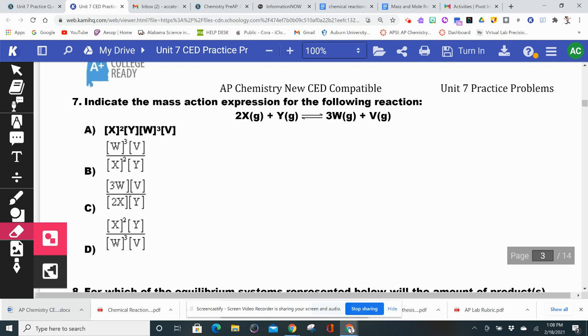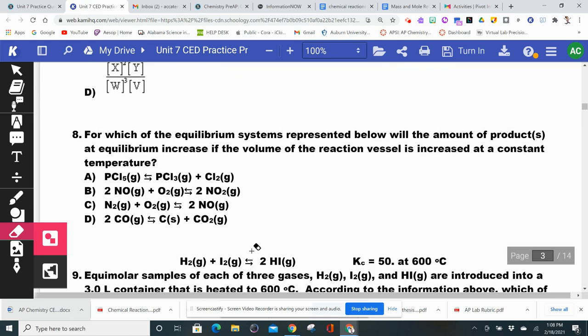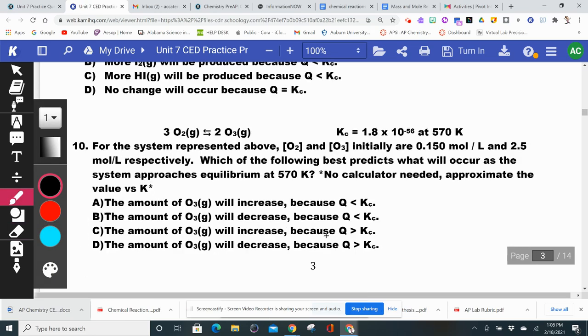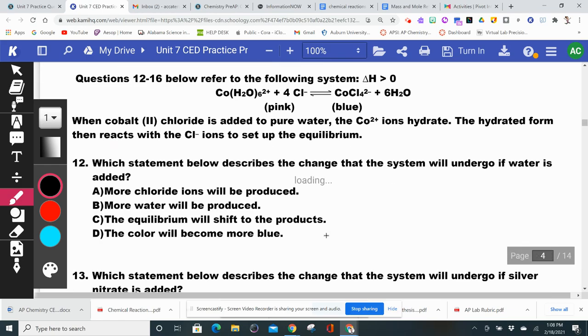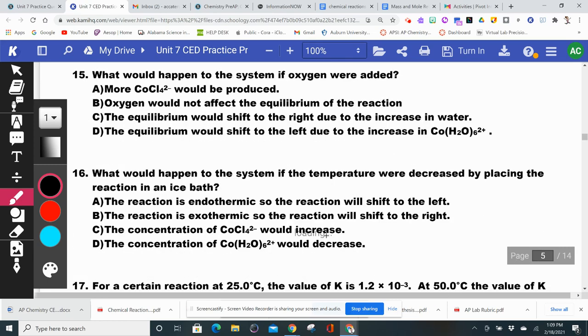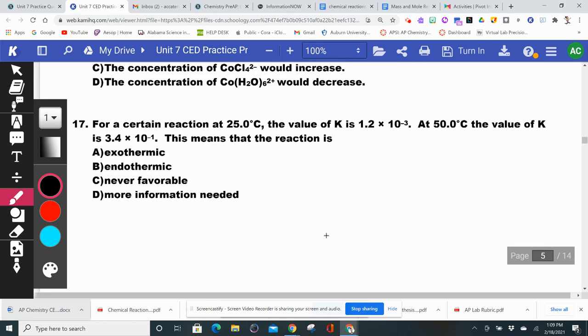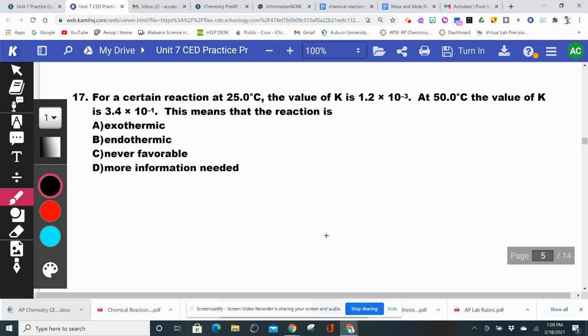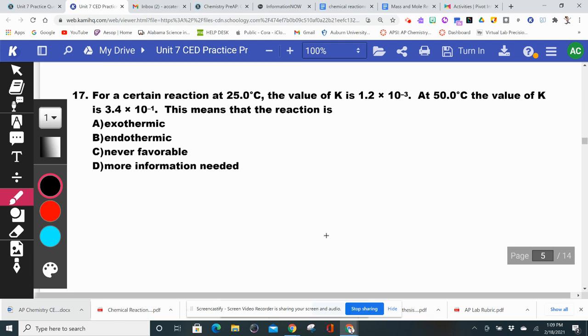All right. We talked about this a little bit yesterday. When you have a Ksp, let's scroll down to some of these Ksp problems. I believe in one of the Edpuzzles on solubility, they were using a rice table with a solubility problem. And to me, those aren't as complicated, and so I don't know that I would use a rice table with a solubility problem.